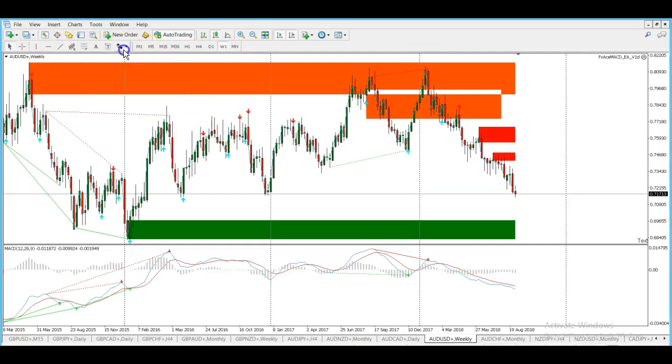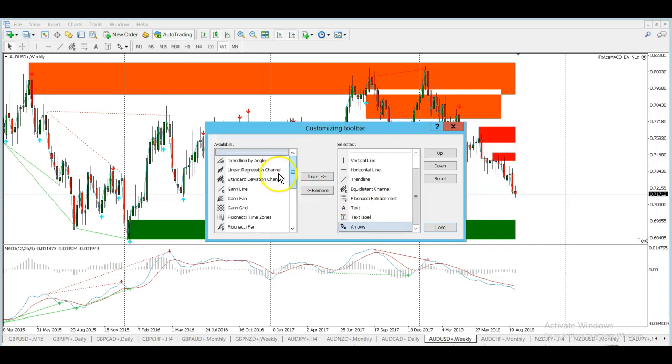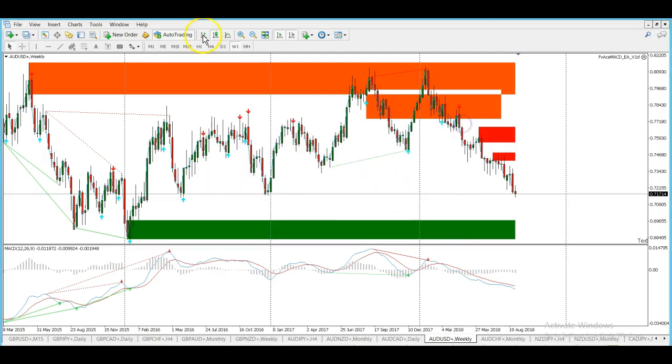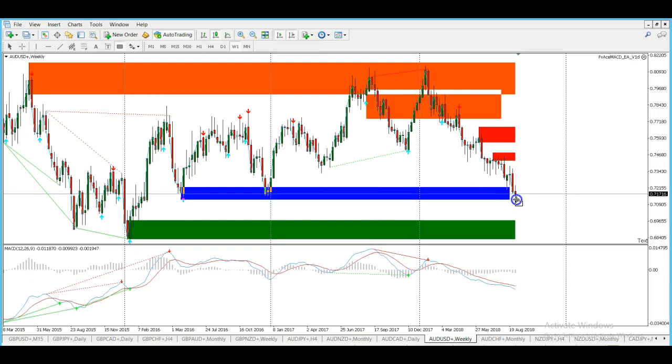Right, this was a weekly area. Okay, so there we go. Get the wee box. Okay, I'm just going to keep this level in play here for the minute.